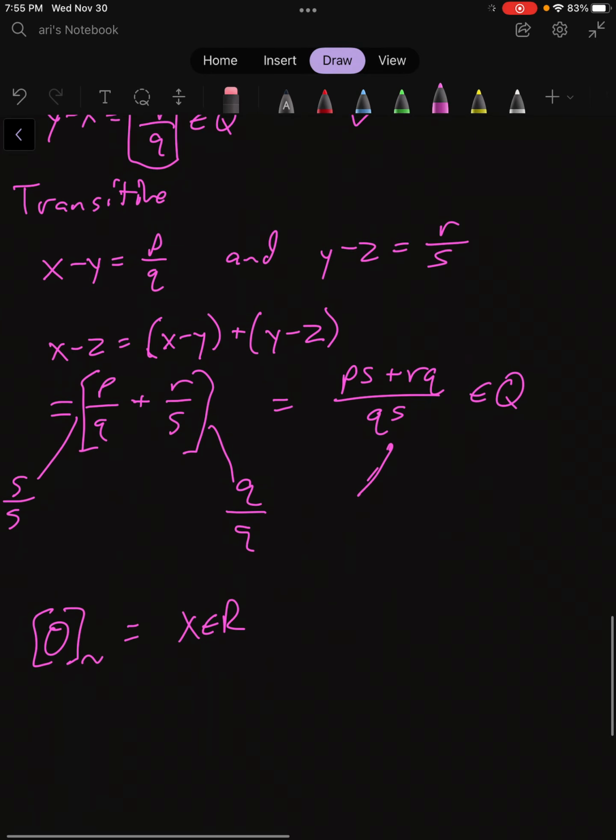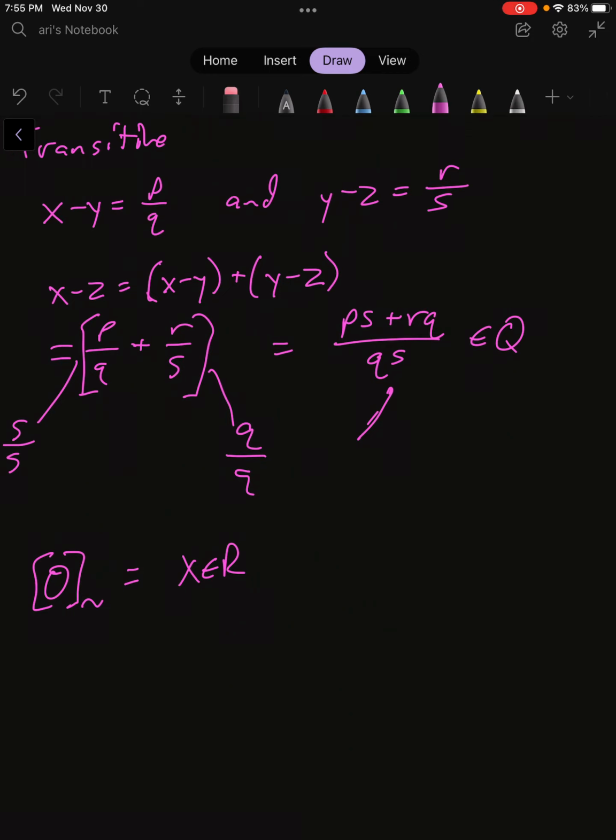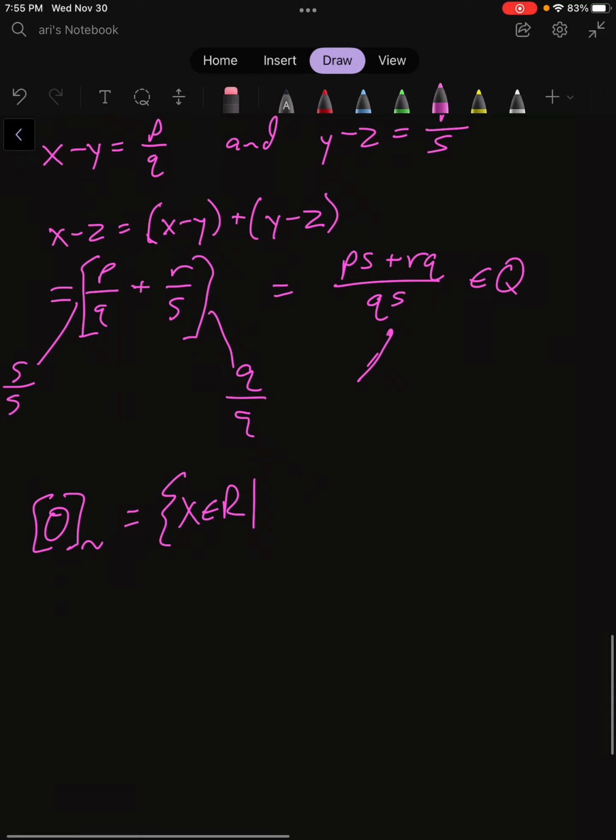This time it's the set of all the real numbers x such that x minus 0 equals p over q. This is a bit of shorthand. You could say where p and q are both integers and q is non-zero, or you could just say p over q is rational.